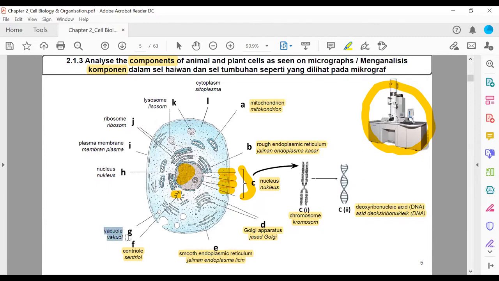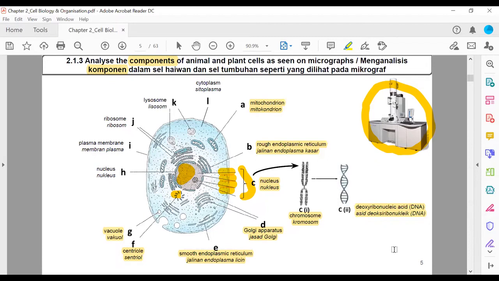Then we have vacuole. Okay, saya rasa selama ni kamu belajar bahawa vacuole hanya terdapat dalam plant cell. Yes or no? Vacuoles are only seen in plant cell. Tapi sebenarnya animal cells also have vacuole. Tapi secara amnya kita katakan animal cell don't have vacuole.